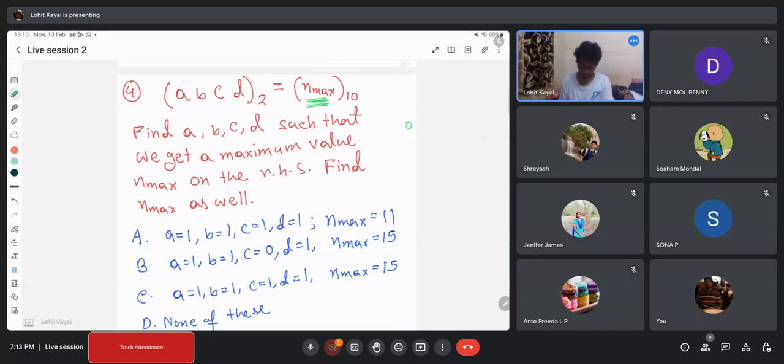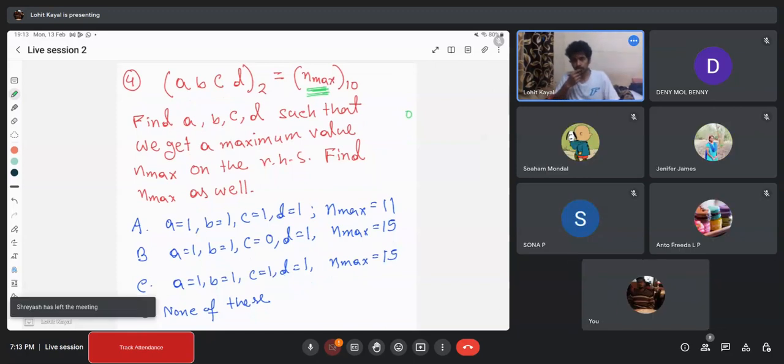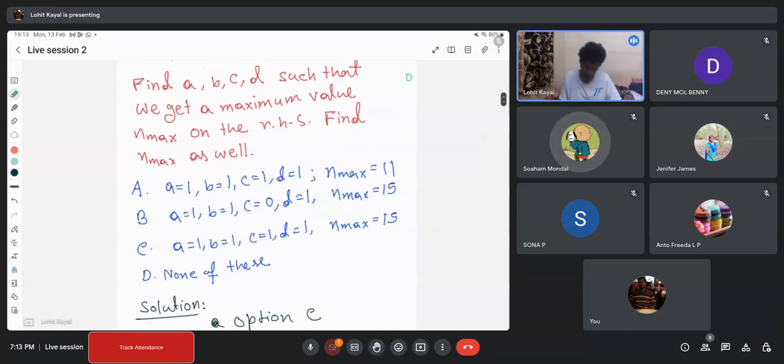So what will be the solution of that? So here there are four options you can see. Sir, option C. Yes, option C will be the correct answer.